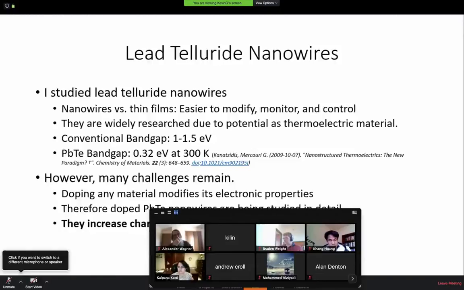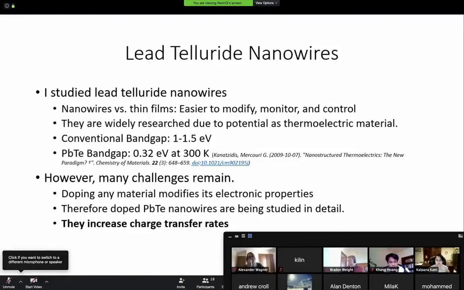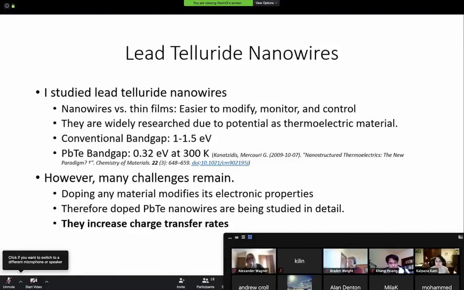This is because there are a lot of challenges in the design process of these nanowires. One thing researchers are looking at to improve the efficiency of charge transfer in lead telluride is doping. Doping any material modifies its electronic properties.